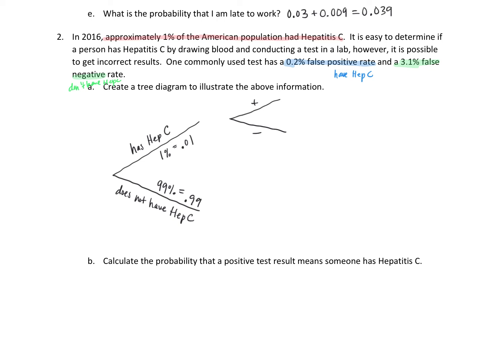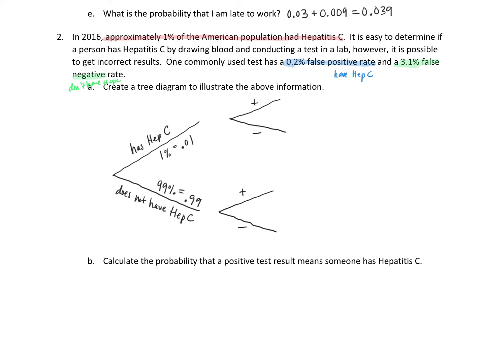You don't have Hep C, you take a test, and you get results. You either have it or you don't. So the false positive means it says you have it, but you actually don't. So it means you do not have Hep C, but you get a positive result.